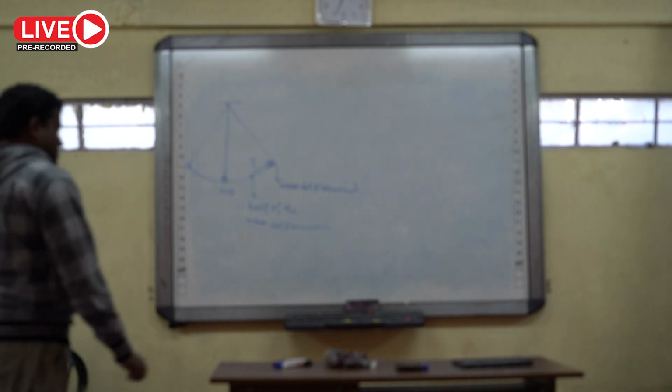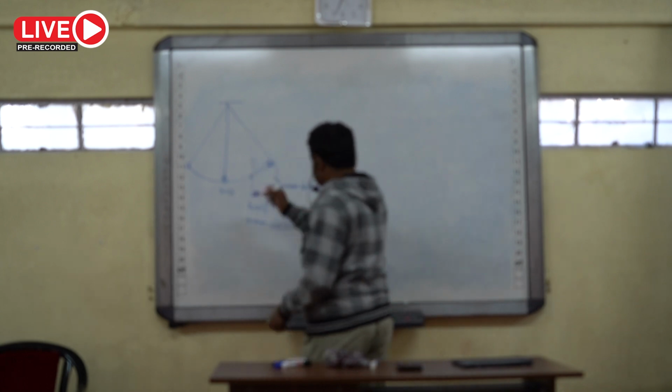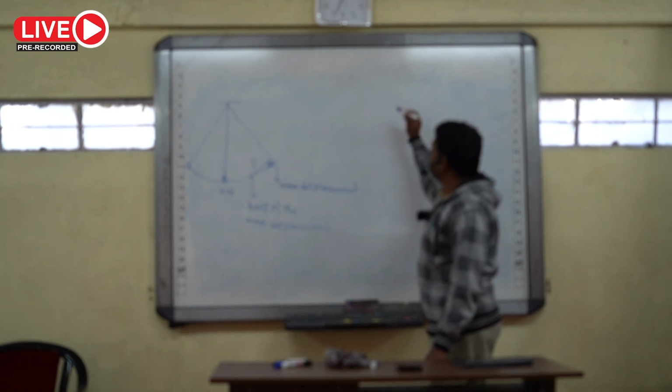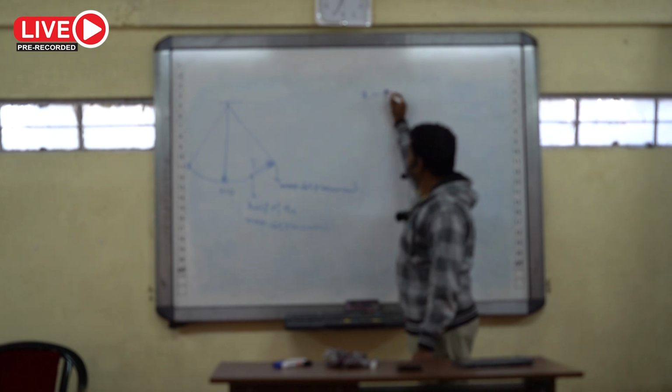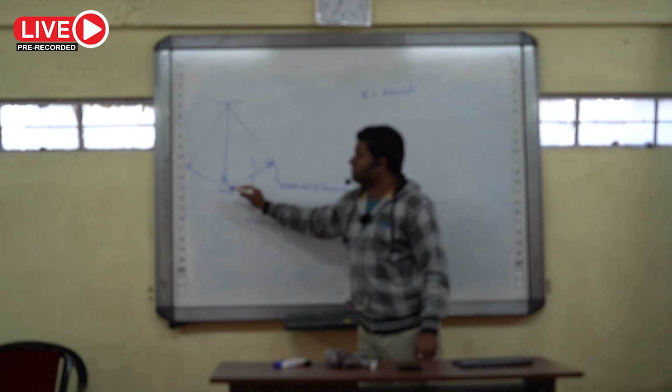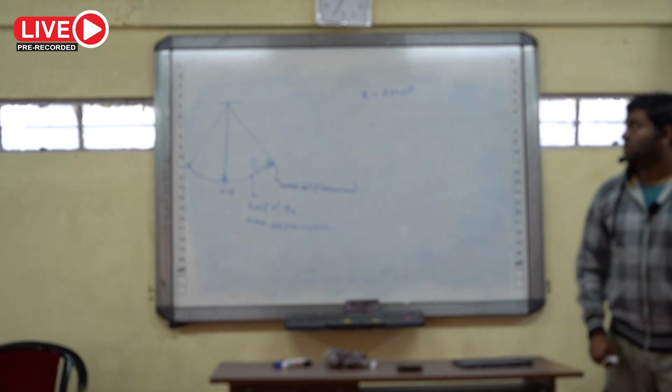We can consider that the equation of this SHM is like x equal to a sin omega t. We consider that it starts from x equal to 0, so no additional phase is taken.